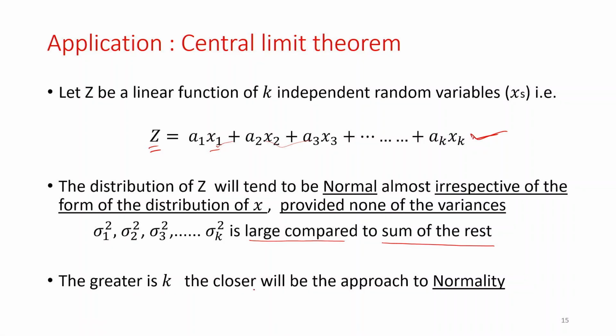The greater is k, the closer will be the approximation, that is, the approach to normality.